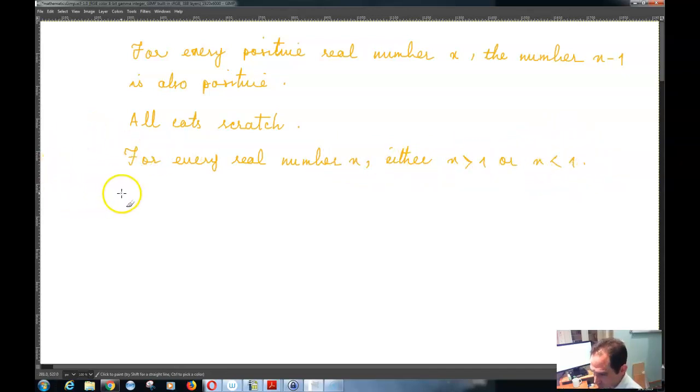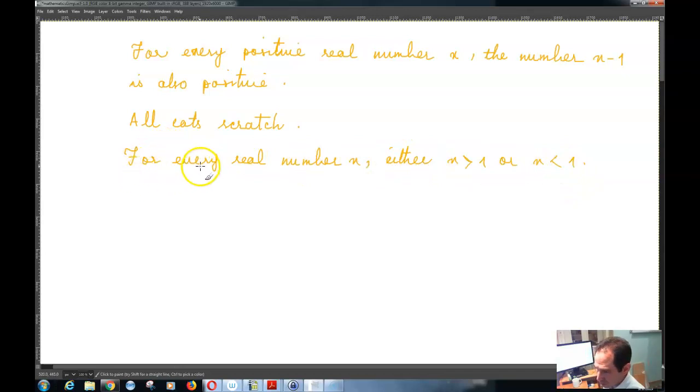Then you can rewrite that as: there exists a real number x where x is not greater than 1 and not less than 1, which is x equal to 1, I suppose. That's the only possibility.